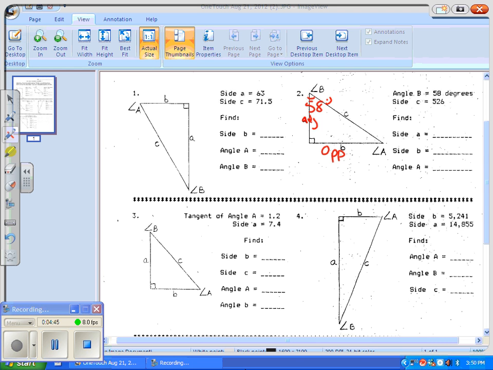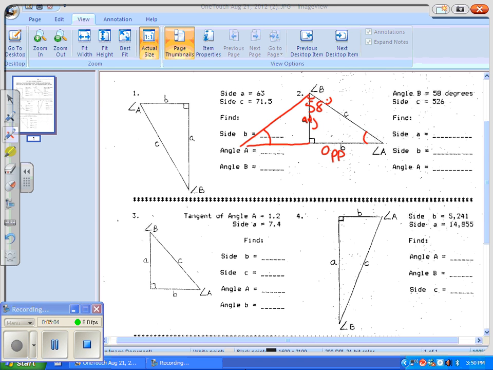Everybody agree with that? We're not too picky about it. We would much rather look at the other angle, because if this thing were flipped over so angle A were over here, that's the way we would normally look at it. But we can look at it from 58 degrees.